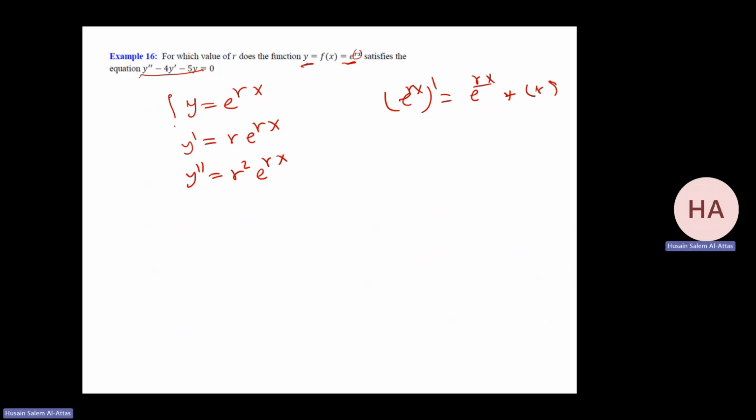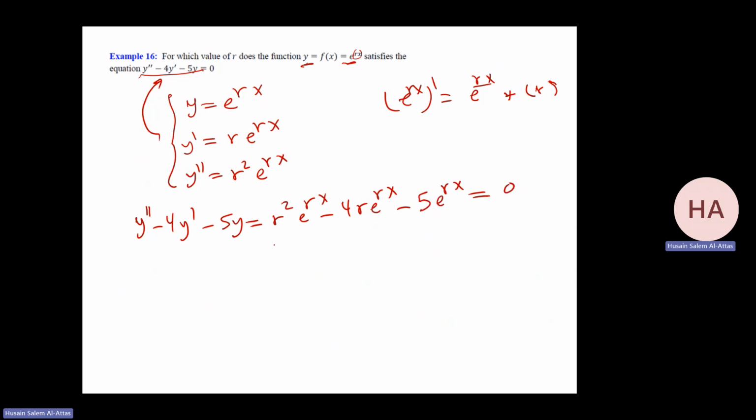Now I'll plug this into the equation. So I have y double prime minus 4y prime minus 5y. That gives me r squared e to the rx, minus 4r e to the rx, minus 5 e to the rx. That should equal 0. In other words, I have r squared minus 4r minus 5, times e to the rx, equals 0.